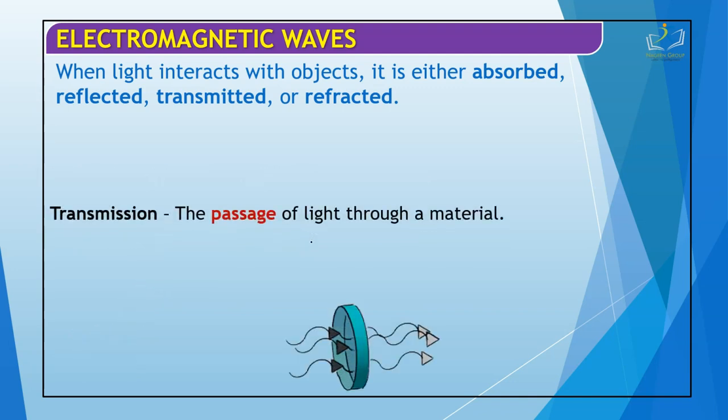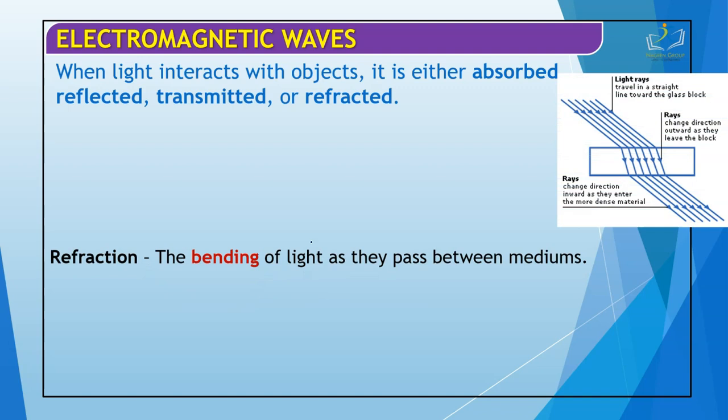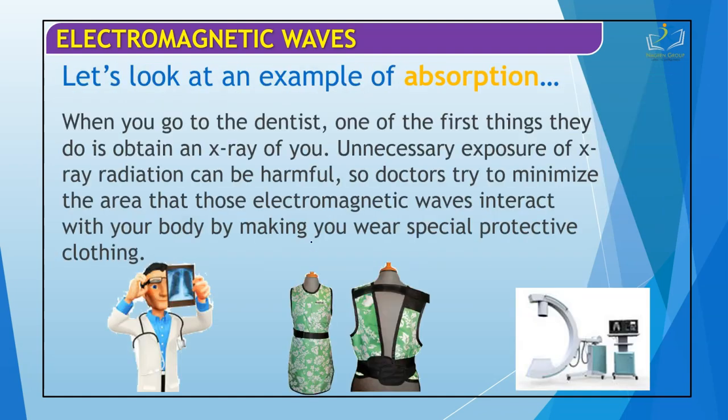Transmission: the passing of light through a material. Refraction: the bending of light as it passes between media. So these are the properties of waves. Which kind of waves? Yes, electromagnetic waves.